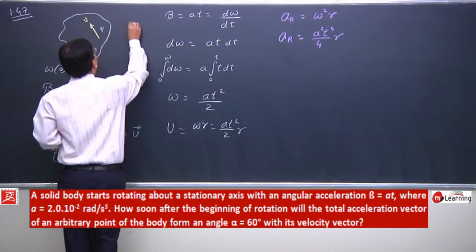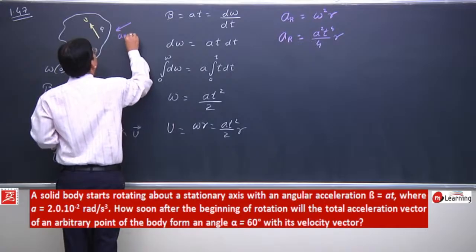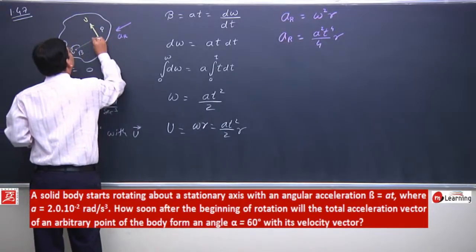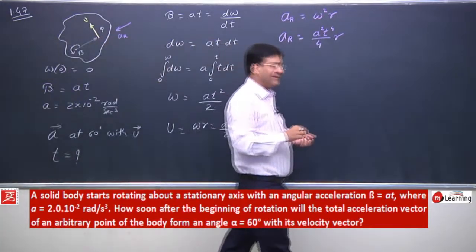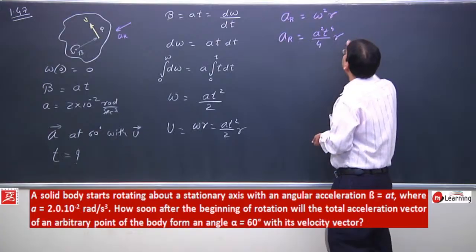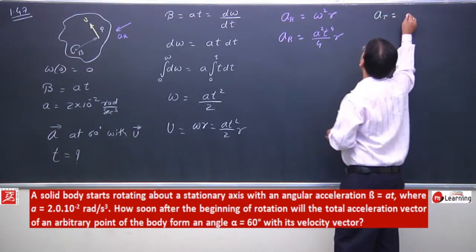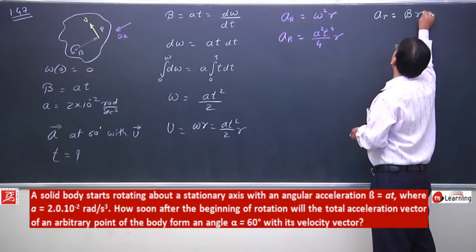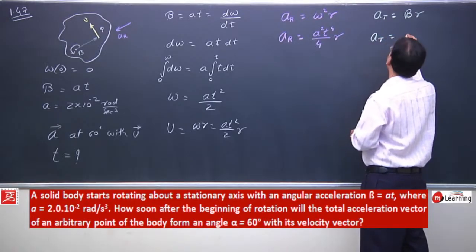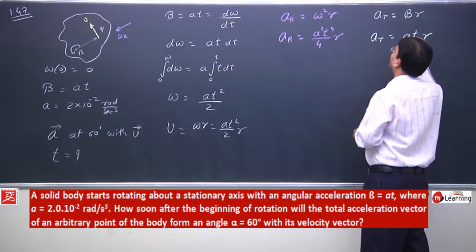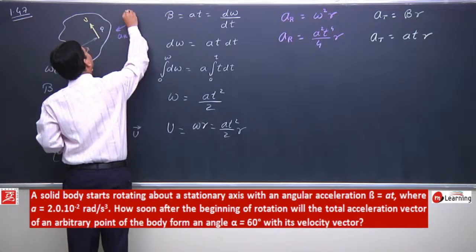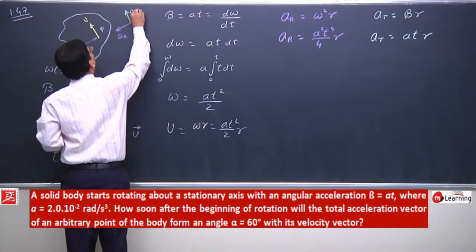I draw the radial acceleration here, radially inward. This is the radius vector and this is the radial acceleration of the particle shown along with its direction. Tangential acceleration is angular acceleration into radius, so tangential acceleration is a t into r, and this is the tangential acceleration of the particle.